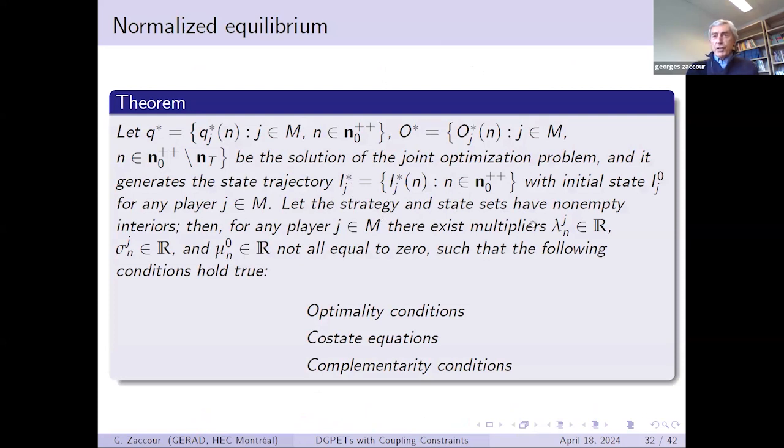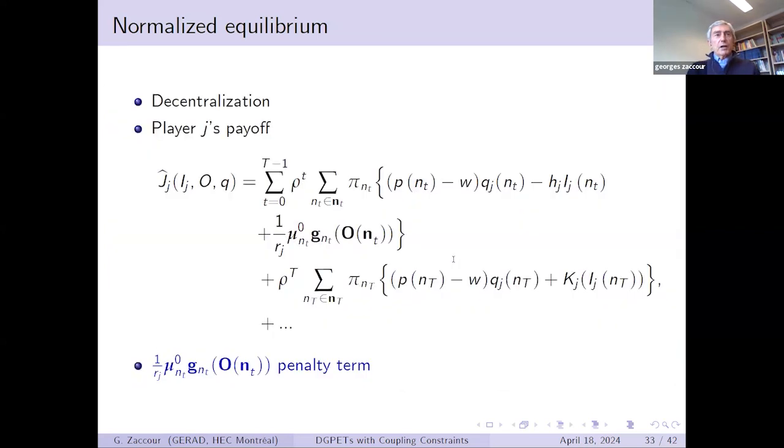If the strategy and state sets have non-empty interiors, now we can show that there exist multipliers such that the following conditions hold. You will have here the optimality conditions, co-state equations, and of course, the complementarity slackness conditions. It does not help really to write them. It will take a number of slides, but I think everyone is getting the idea here.